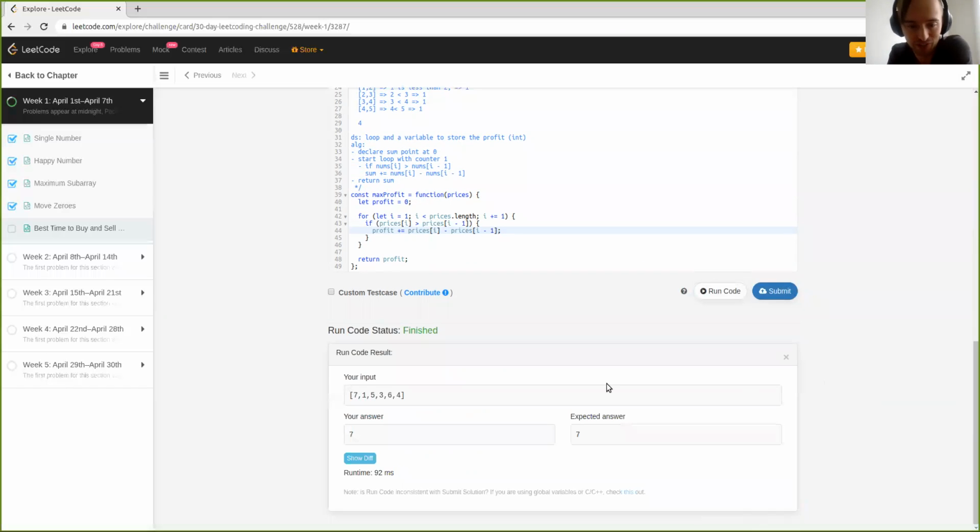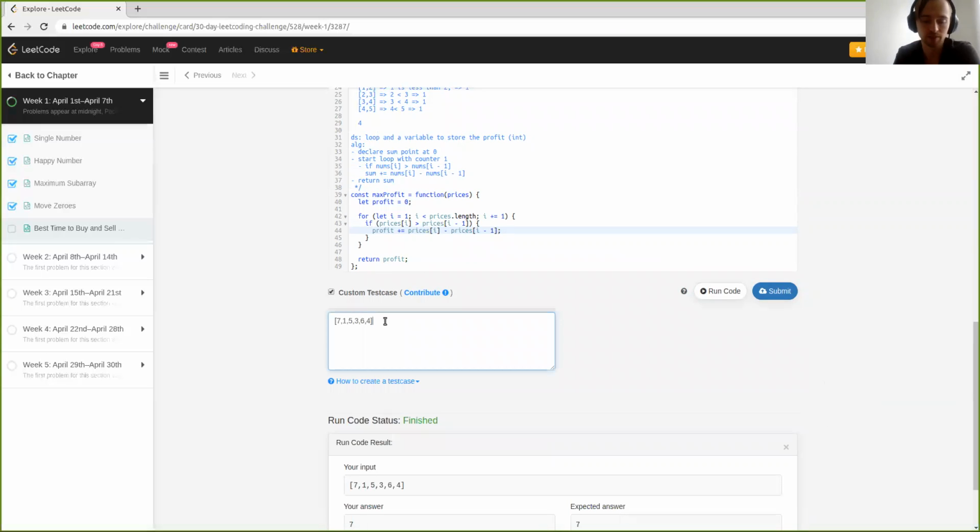That was very strange. Okay, so that works. Let's try it with our custom test case, 5, 3, 5, 6, 4. And we'll try it with 1, 2, 3, 4, 5, and 7, 6, 4, 3, 1.